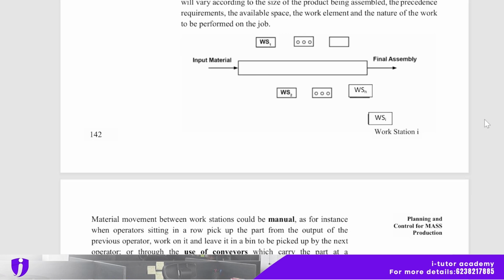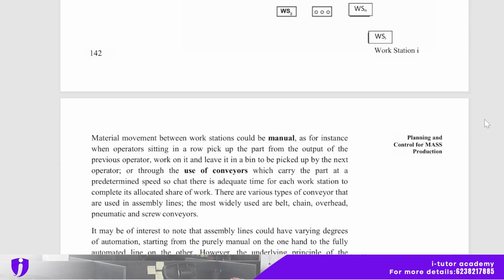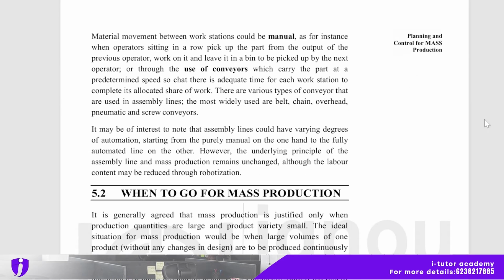Material movement between workstations could be manual, as for instance when operators sitting in a row pick up the part from the output of the previous operator, work on it and leave it in a bin to be picked up by the next operator, or through the use of conveyors which carry the part at a predetermined speed, so that there is adequate time for each workstation to complete its allocated share of work.